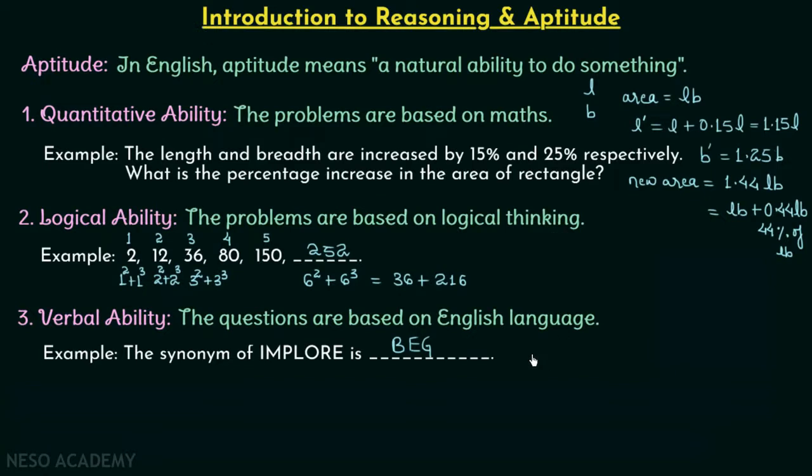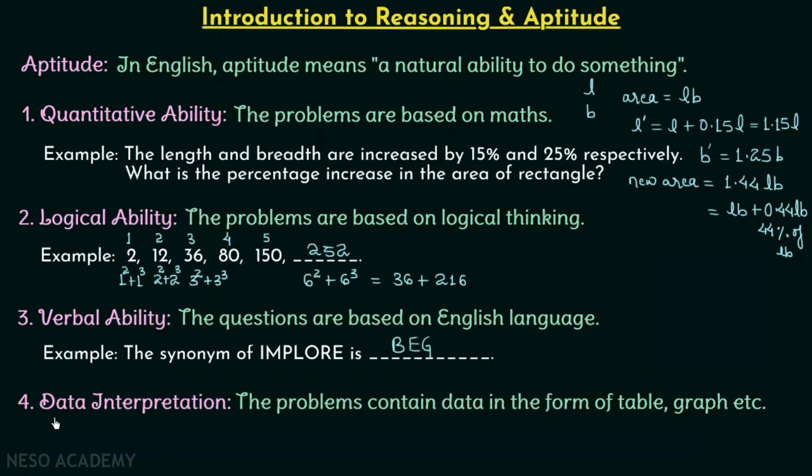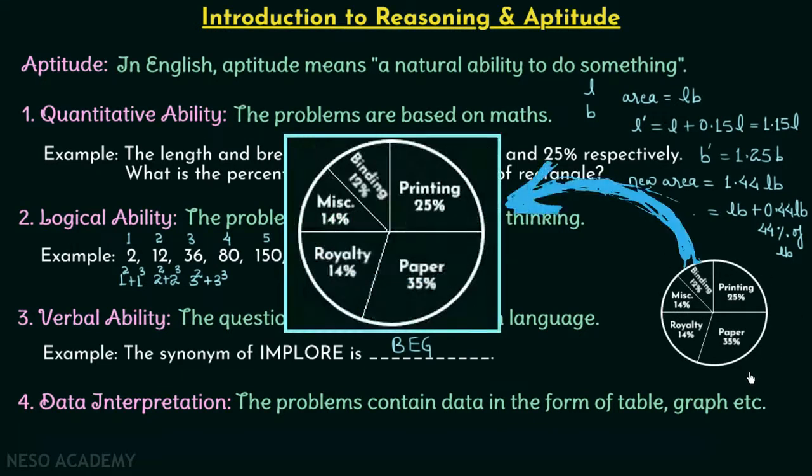Let's move on to our final class, which is data interpretation. In this section, the problems contain data in the form of table, graph, pie chart, etc. And using the data, we need to find out answers of the given question. For example, here we have a pie chart, and this is the pie chart for a printing press having different expenses listed.